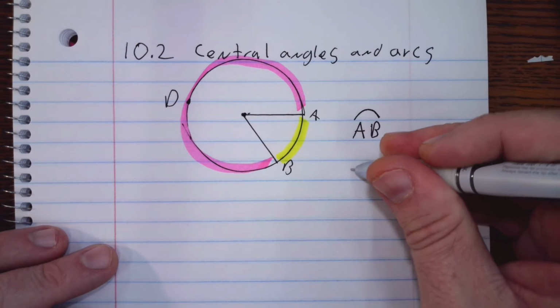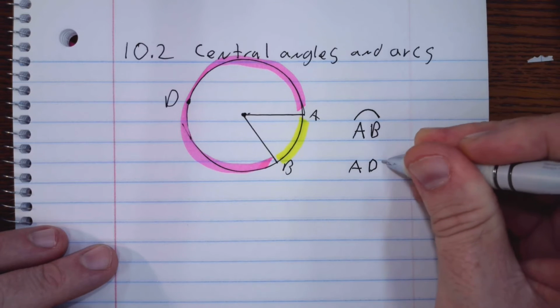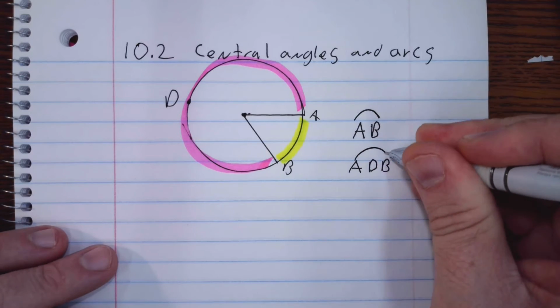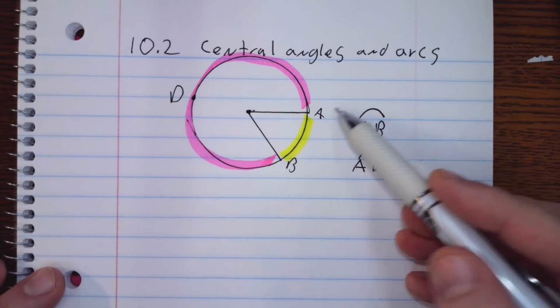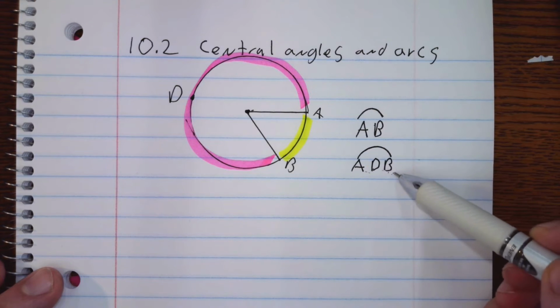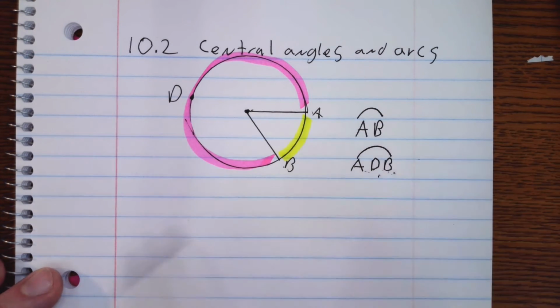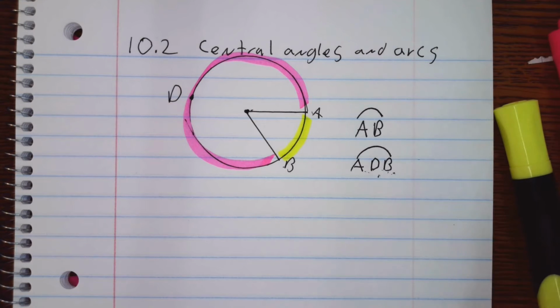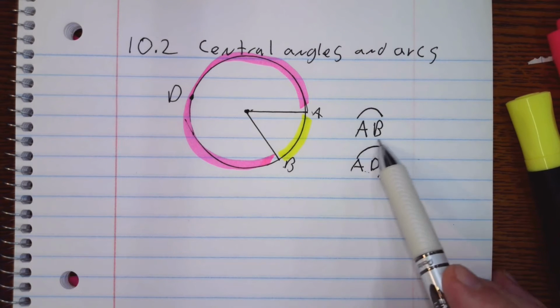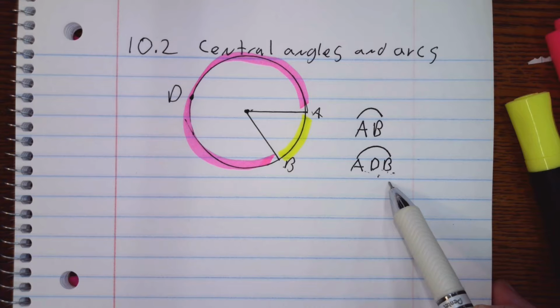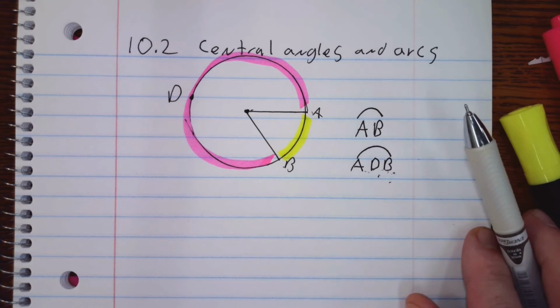When I do a major arc, I'm going to put 3 letters in, because this tells me that before I get to B, I have to go through D, right? So I'll go A, D, B. That becomes a major arc. And that hopefully makes sense, that a minor arc uses fewer letters than a major arc. So that's how you should read them.